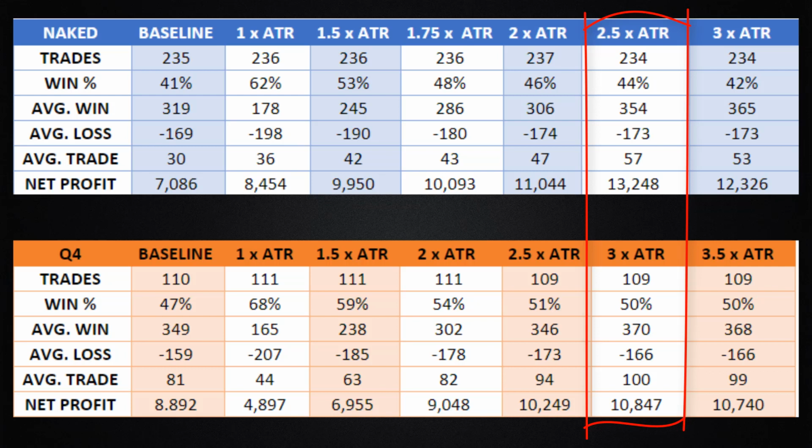But look at the frequency: 109 trades versus 234 trades. The naked baseline trading has more than double the opportunities of the Q4 testing.